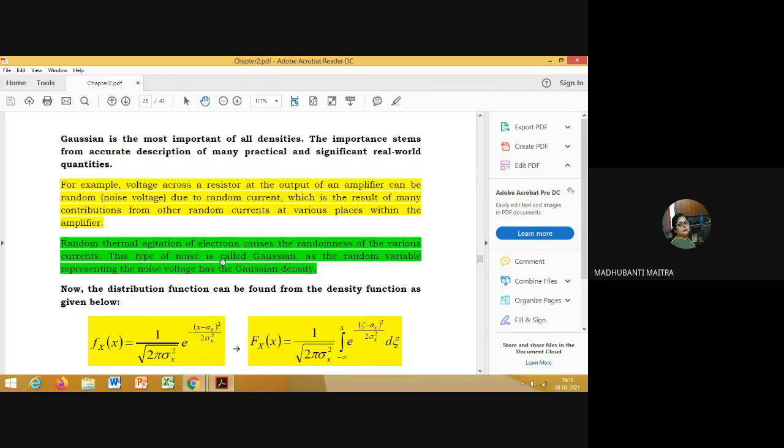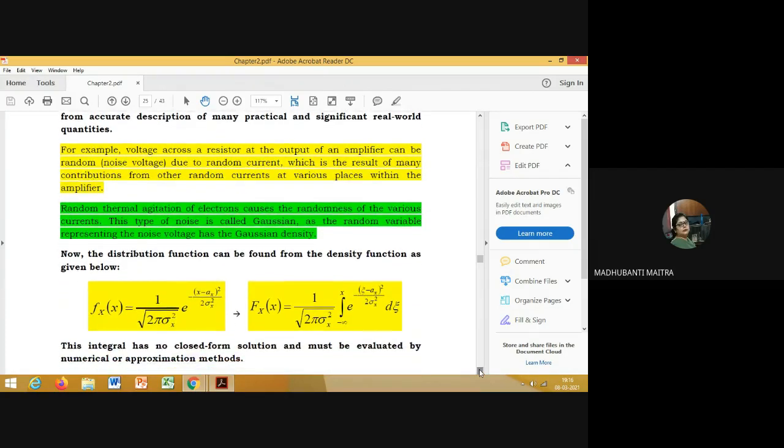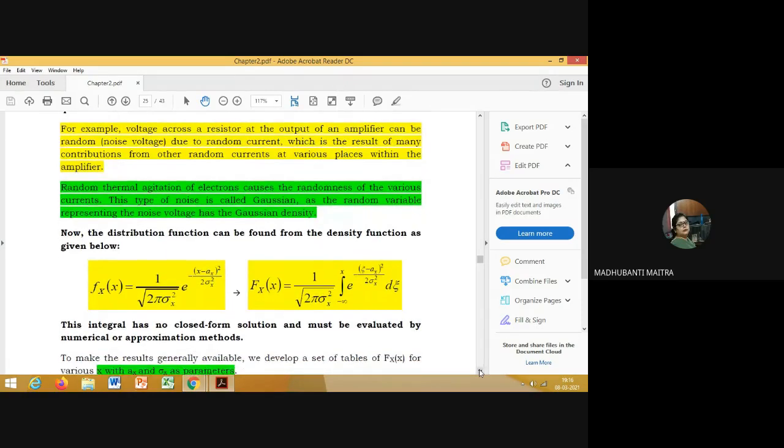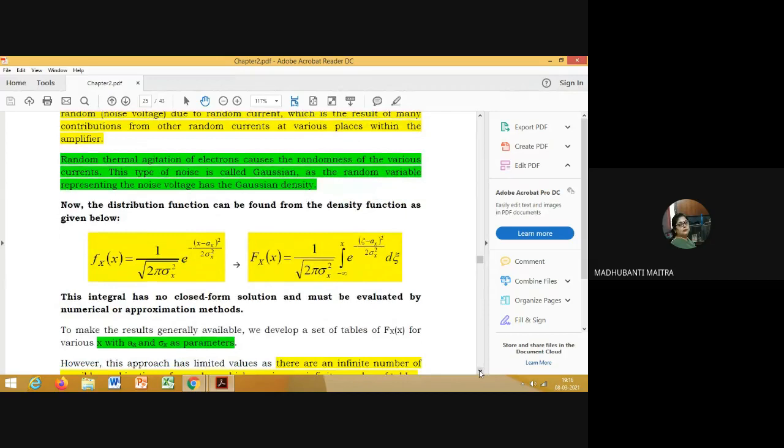So this type of noise is called Gaussian noise, as the random variable representing the noise voltage has a Gaussian density. The voltage distribution has a bell shape, and that's why we represent that noise-like voltage with the help of the Gaussian density function.